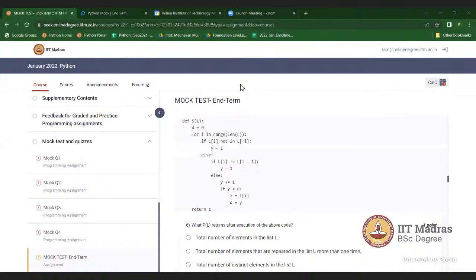Let's say you have the list 1, 2, 3, 4, 5, and you are at I equals to 4. What we're checking is whether L of 4 is there in L of 1 to 4, which basically means whether that element has already occurred in the previous indices of the list.